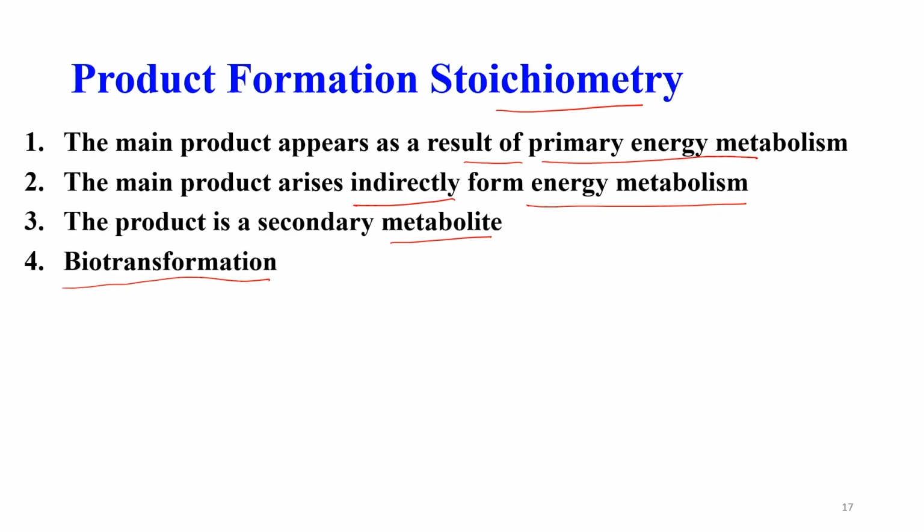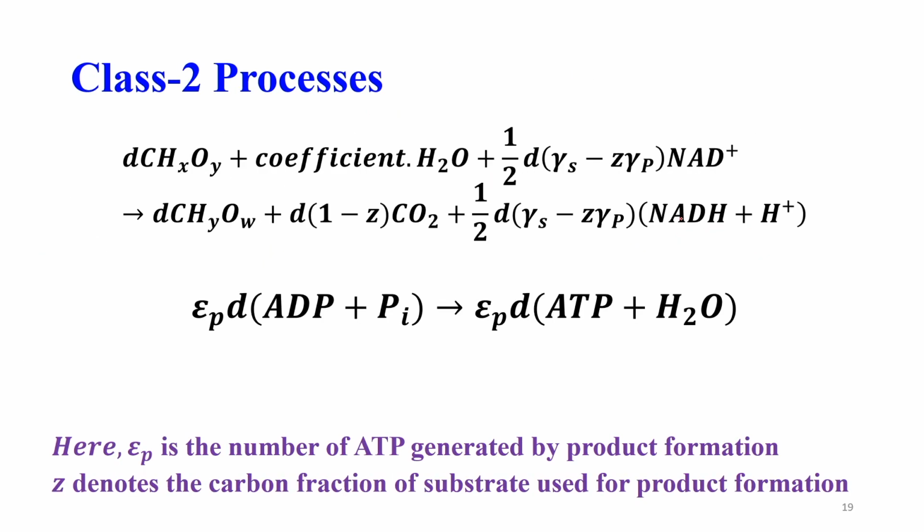What is class 2? The main product arises indirectly from the energy metabolism. So, on the right hand side there will be no product. In the stoichiometry relation with the substrate, there will be no direct product formation.